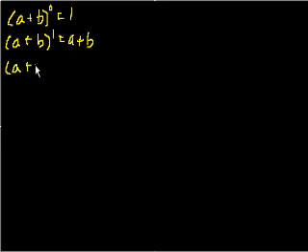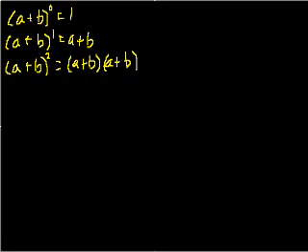A plus b squared equals, and if you don't have a lot of practice doing this, you might be tempted to say a squared plus b squared, but you should correct yourself quickly and slap yourself on the wrist or the brain or someplace if you did that, because that's a plus b times a plus b. And then we could use the distributive property, or if you learned it this way in Algebra 1, you could use the FOIL property.